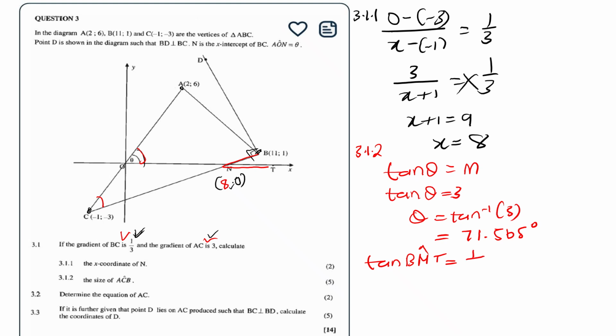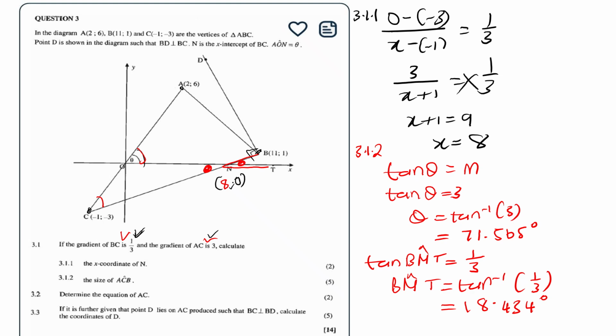Therefore, angle BNT is equal to tan inverse of 1/3, which is 18.434 degrees. This angle over here is equal to angle BNT. Why? Because of the vertically opposite angles.